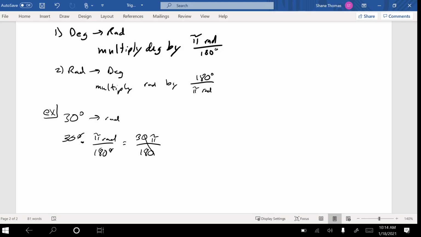The zeros are gone. 3 over 18 is going to be 1/6, right? So that's equal to pi over 6, and that would be in radians. So 30 degrees is pi over 6. Try that guy.